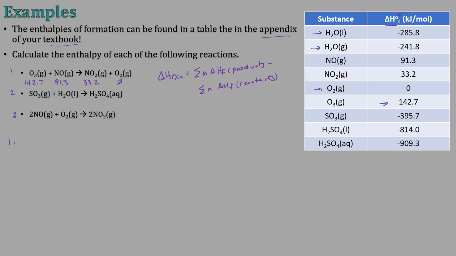For number 1, I would take 33.2, so we have 1 mole of NO2 in that reaction, and there's 33.2 kilojoules per every single mole of NO2.